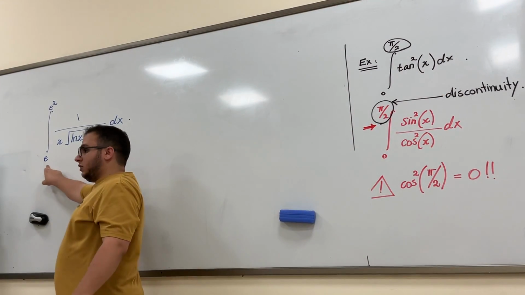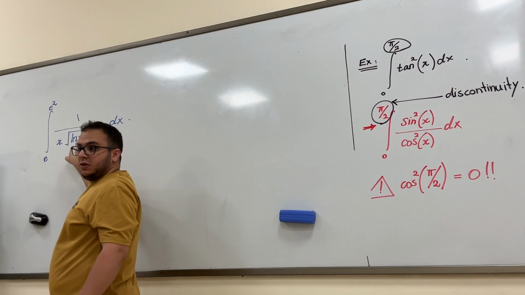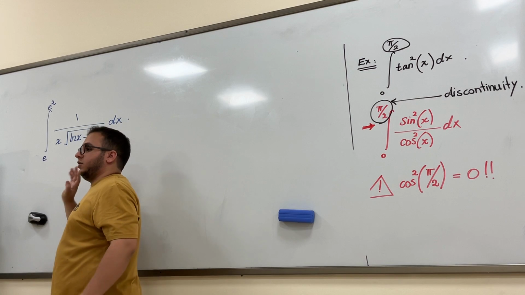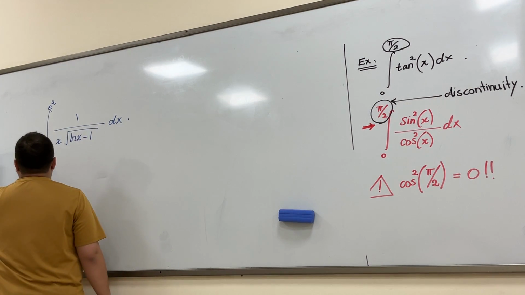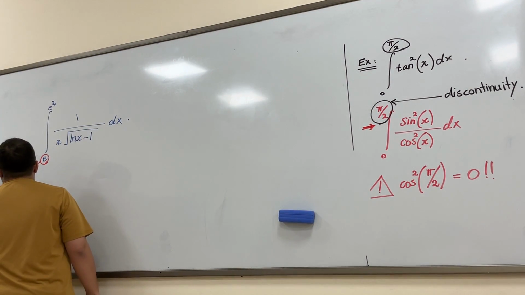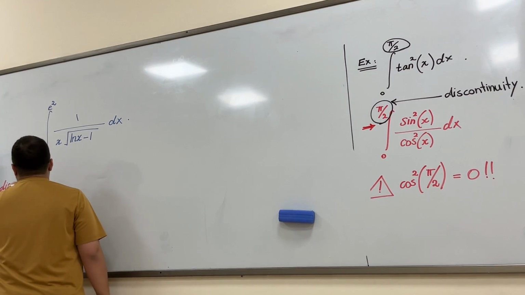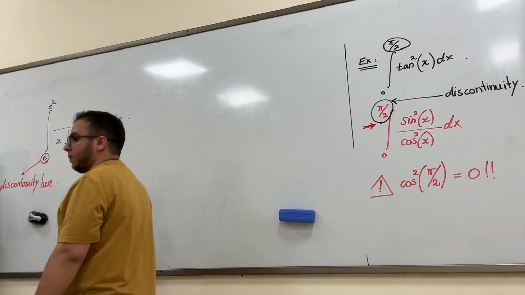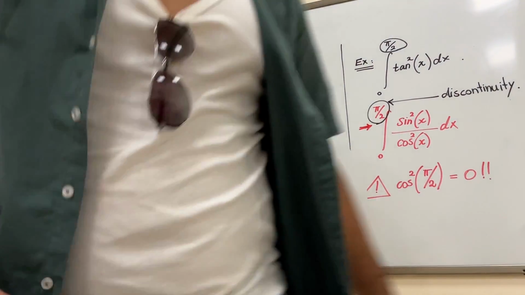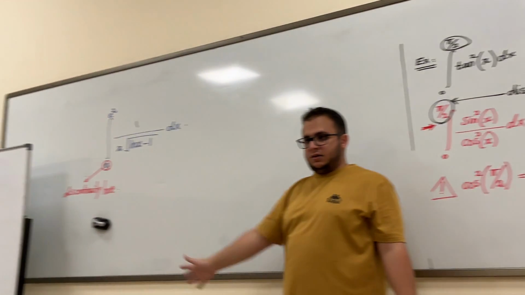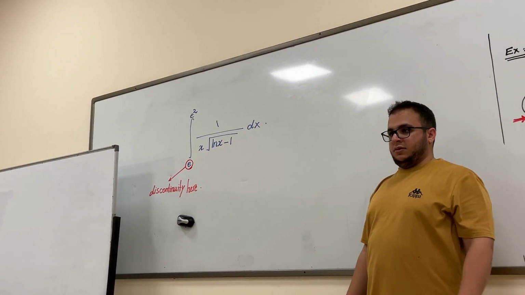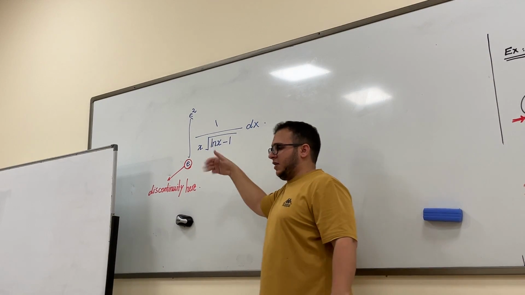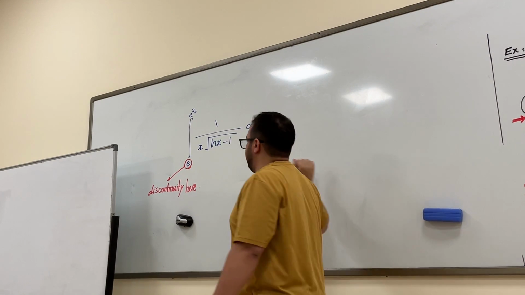If you plug in e, then ln e is 1, and 1 minus 1 is 0, so I have a discontinuity here. So this is going to be replaced with T, since this is the problem, and this is where we take the limit.